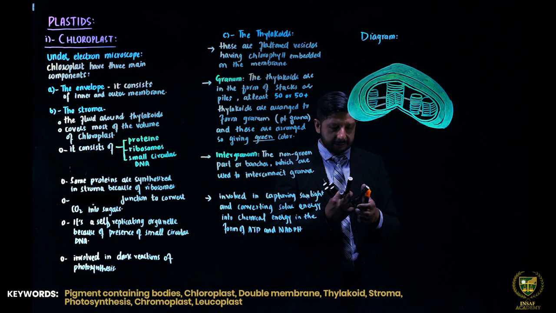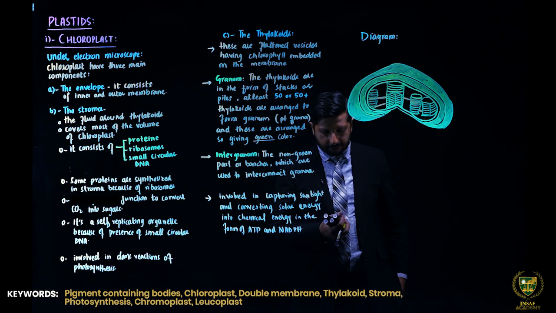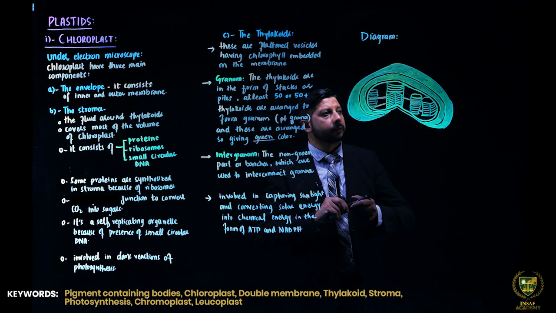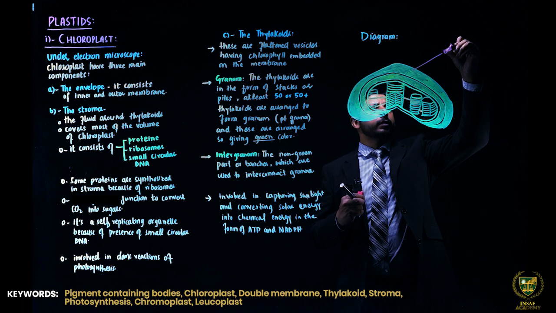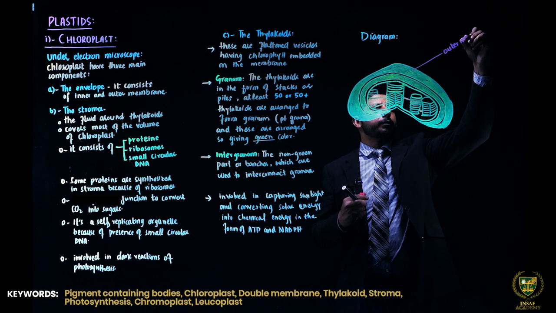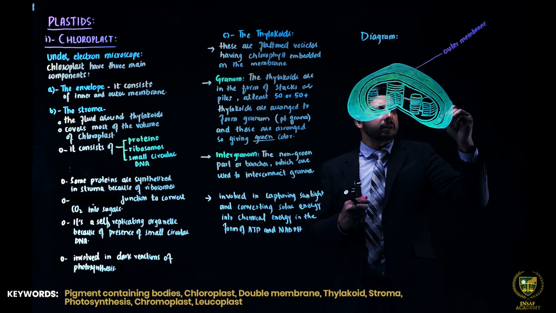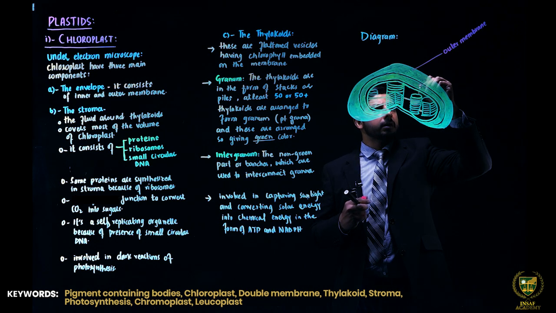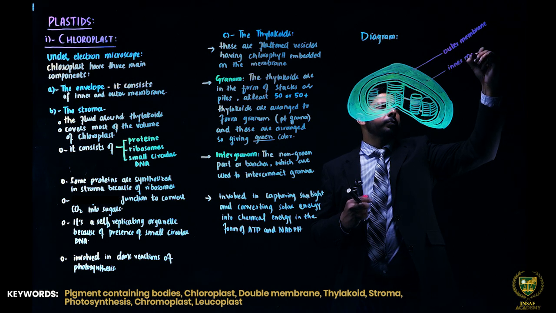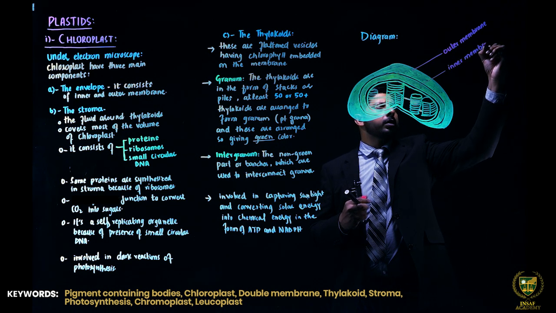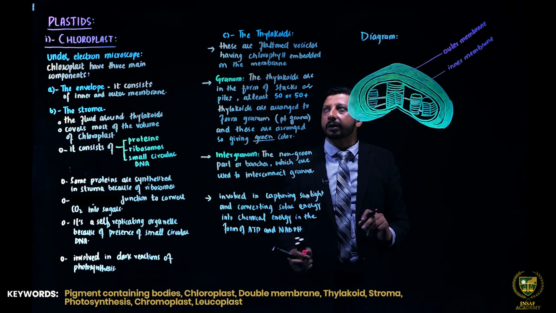Now I'm going to label it finally. So this is the outer membrane. And this one is the inner membrane. Both of them collectively make the envelope, the first part, clear?